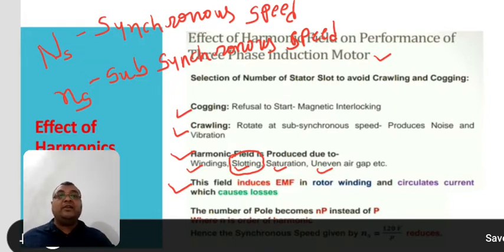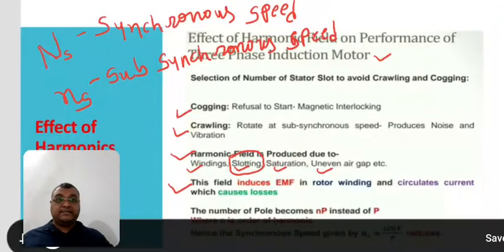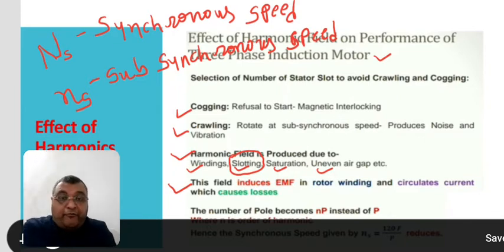Basically, we need to understand the basic phenomenon: whenever a magnetic field is present, and you place a conductor in that magnetic field, the flux is cut by the conductor.